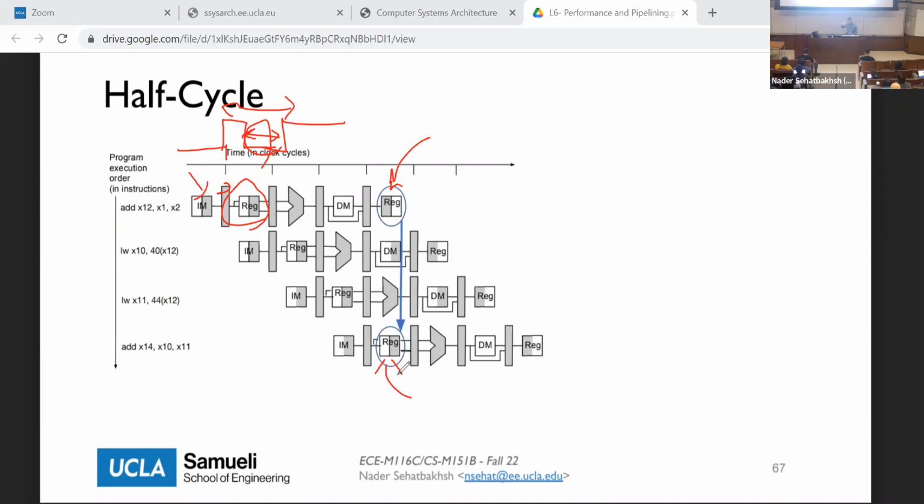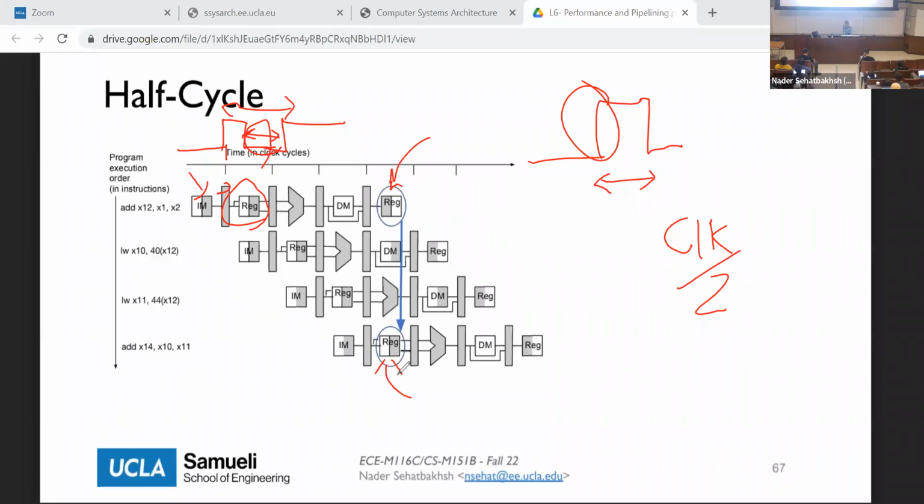The reason that we are writing in the first half cycle is, remember, your write is synchronized with the positive edge of the clock. So once the positive edge of the clock comes in, then you have to write. And what we're arguing is that your write should at most take this amount of time. So whatever your clock cycle is, your clock divided by 2 should be the maximum delay that it takes to write something. And that's very easy to achieve.